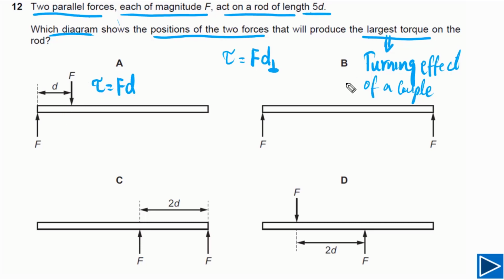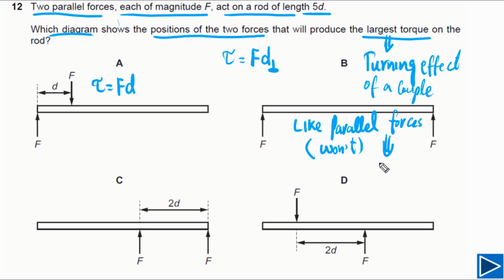If you look at option B, these two forces are like parallel forces. These are parallel forces, but they do not form a couple. In this case, this rod will not rotate, because these two forces do not form a couple, and two like parallel forces do not produce torque.